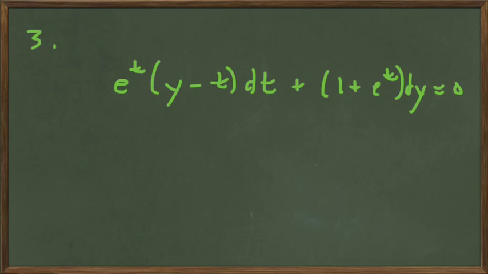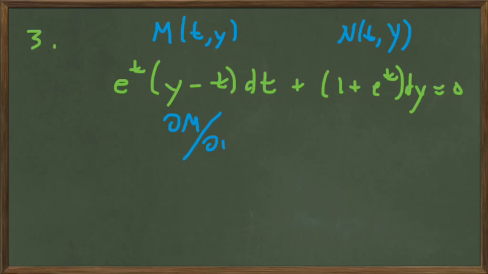Here's an example in two new variables. The m is a function of t and y, and so is the n, and so the test for exactness is going to be, is partial m partial y equal to partial n partial t. So what is partial m partial y? Maybe we should write it out.